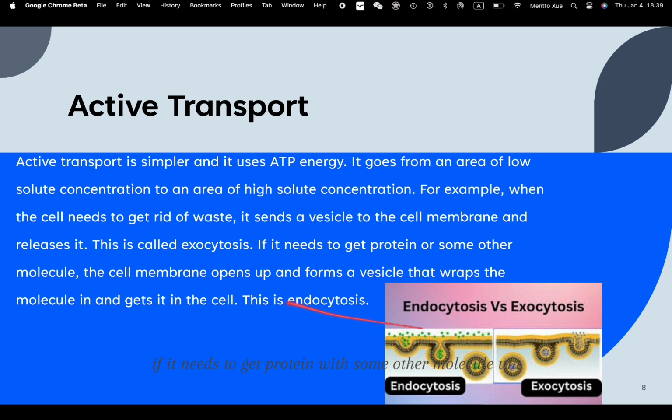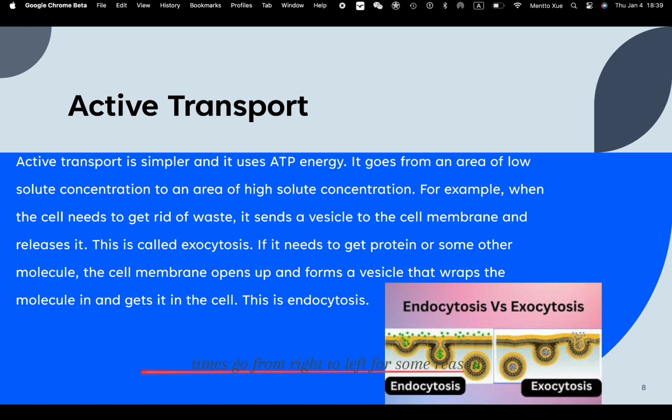If the cell needs to get a protein or some other molecule, the cell membrane opens up and forms a vesicle made of cell membrane, wraps the molecule and gets it in the cell. So let's just say this is endocytosis.